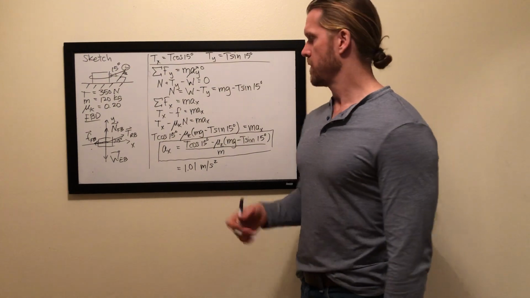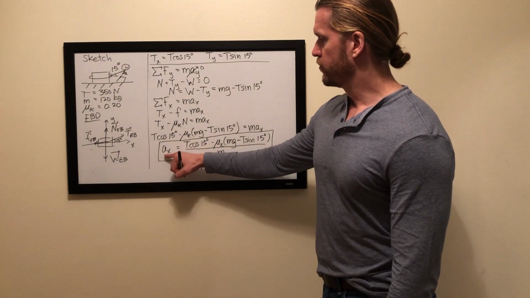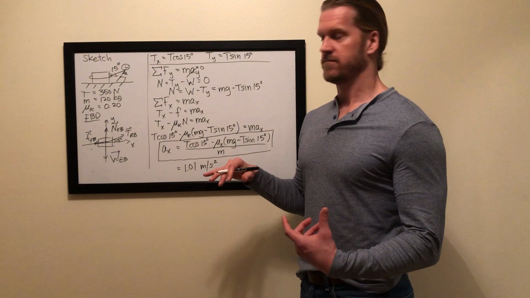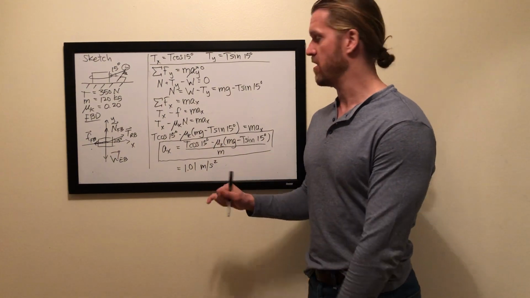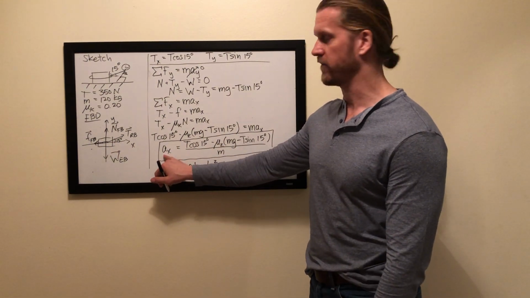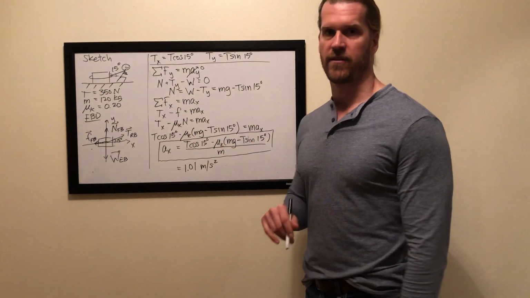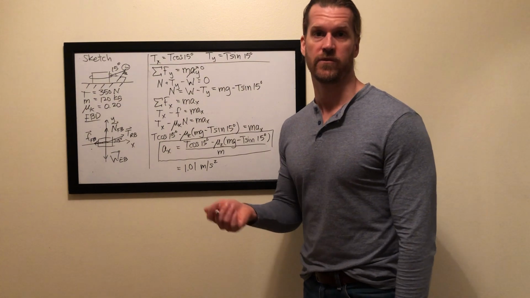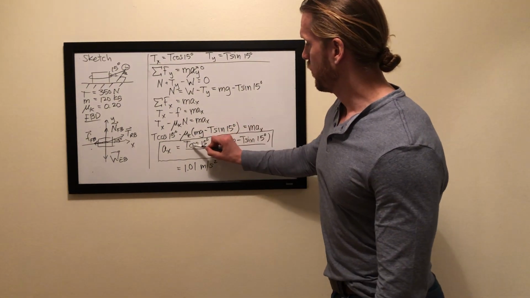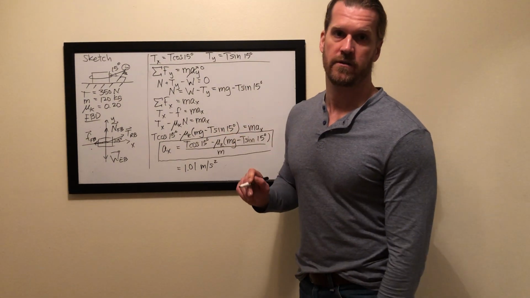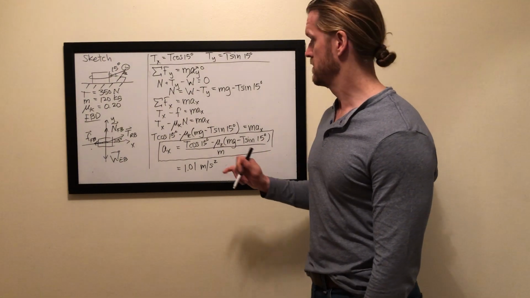But I just want to point out that you can look at this as saying it's just Newton's second law. It's saying that the acceleration of the system equals the total force divided by mass. a equals F over m. That's Newton's second law. So all this stuff in the numerator is the total force.